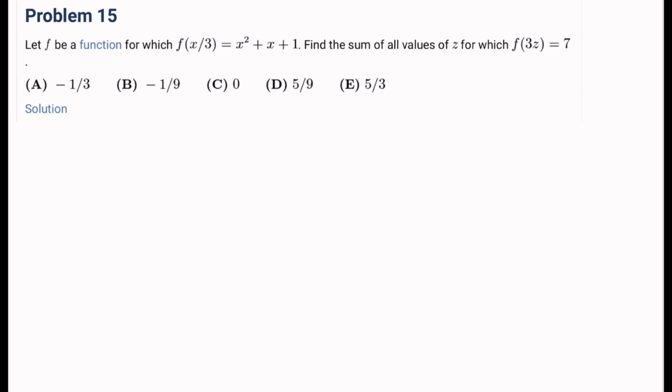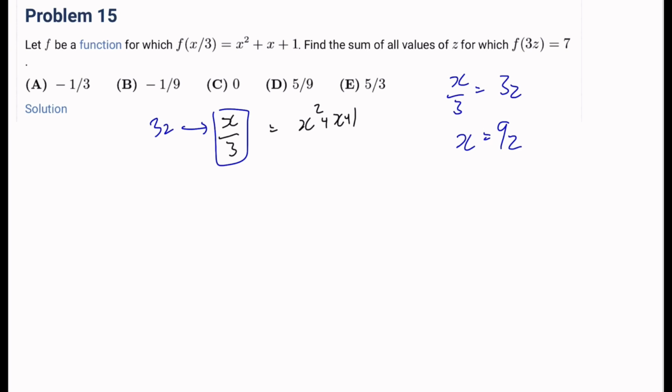Right, okay, so if f of x over 3 equals x squared plus x plus 1, then what we want to do is substitute 3z into x over 3, right? So if x over 3 equals 3z, then that means x equals 9z, right? So if we substitute x equals 9z, then what we will get is 9z squared plus 9z plus 1.